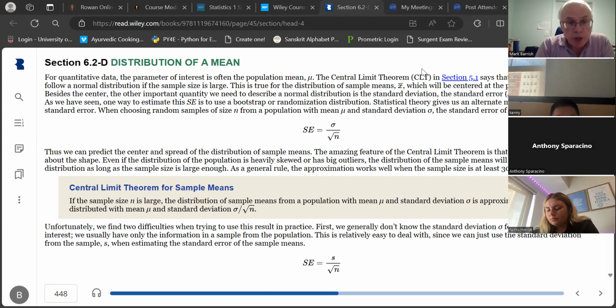In 6.2, the sampling distribution of sample means. And then there's a section on confidence intervals and a section on hypothesis tests for each of 6.1 and 6.2. So there are 3 parts to each of the sections.